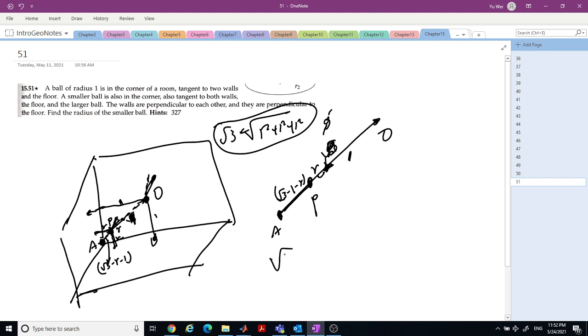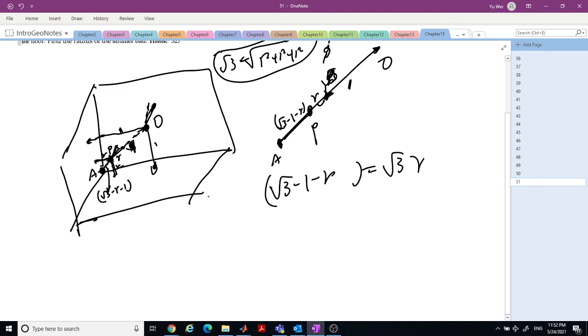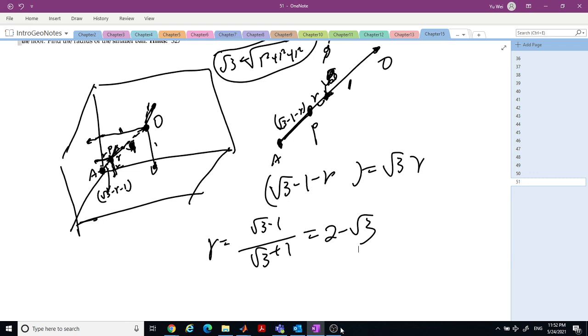So root 3 minus 1 minus R is also equal to root 3 times R. Now you can solve this equation for R. Okay, so that's it for the challenge problem of this chapter. Thank you, bye.